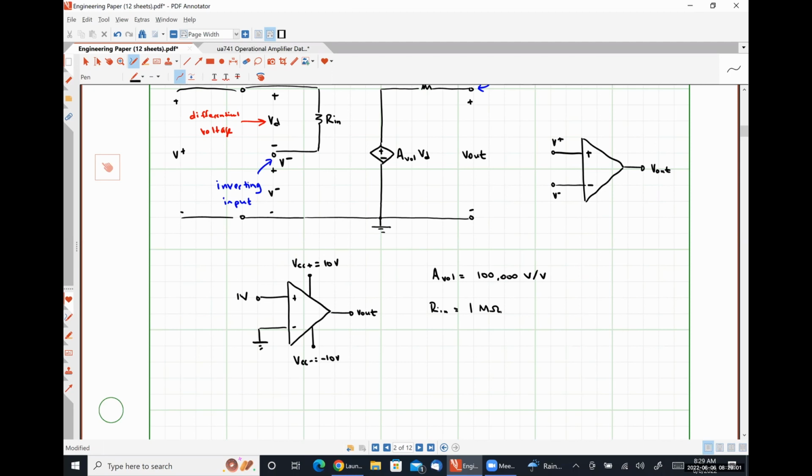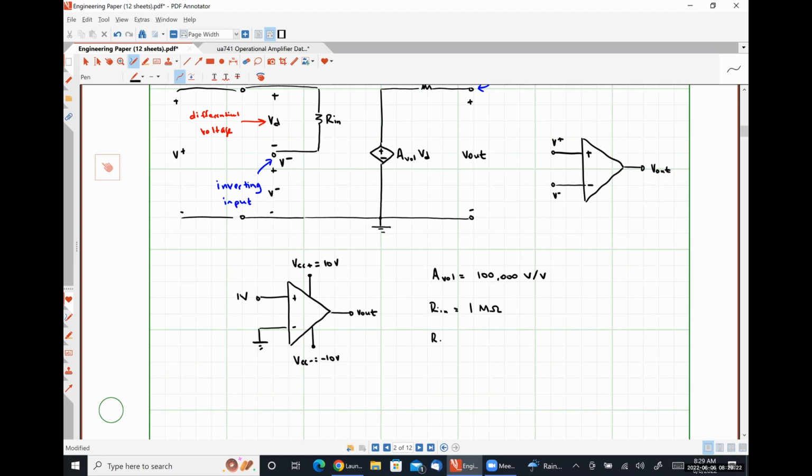For operational amplifiers that are based on MOSFET transistors, input resistances of single digit tera ohms or 10 to the 12 ohms is very common. So 1 mega ohm is a very, very reasonable value for an input resistance.